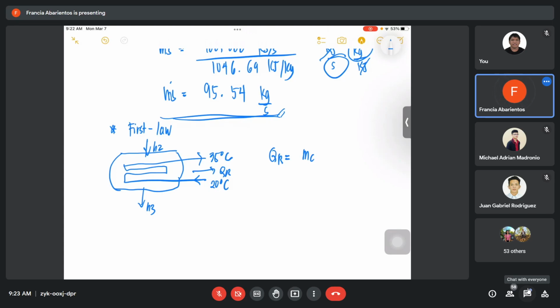Okay? Ay, may actual pala to class. Nakalimutan ko yung actual. Okay? We proceed yung heat rejected natin since given na yung mass of the steam equal siya sa H3 prime minus the H4. Bakit H4? Bakit H3? Mali.